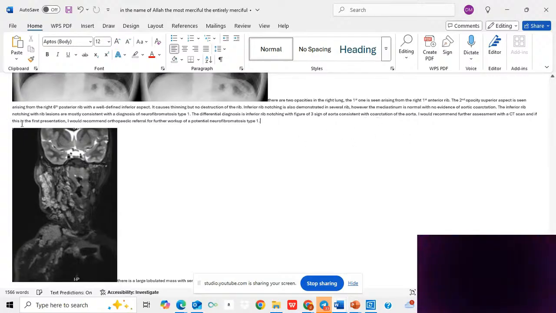And if this is the first presentation of the patient and this case is not a known case of NF1, I would recommend orthopedic referral for further workup of a potential neurofibromatosis type 1.